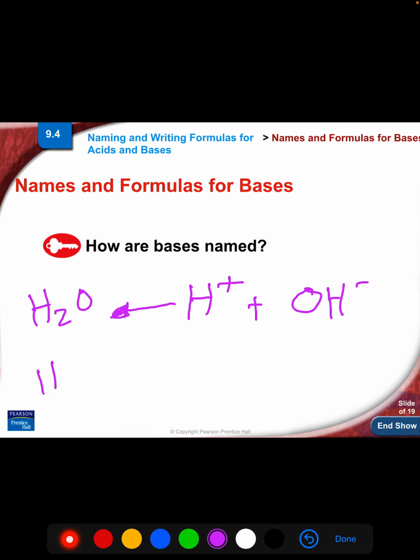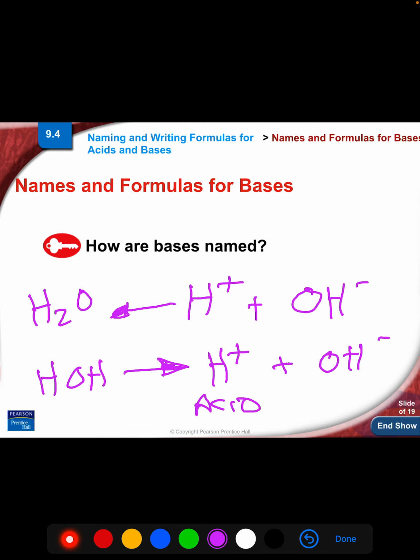I sometimes write water HOH to indicate that water itself can break down and dissociate into hydrogen ions or protons plus hydroxide ions. This is an acid. This is a base. And for our definition, anything that produces this hydroxide ion is a base.